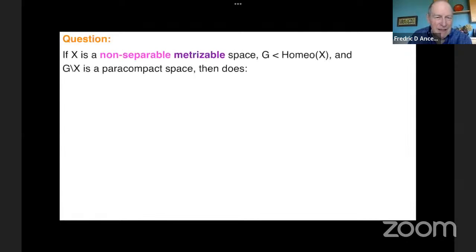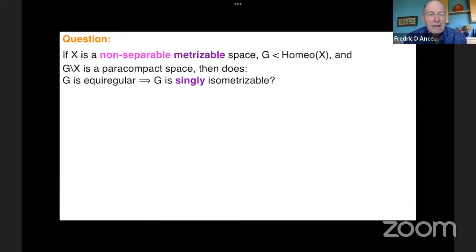So here's the goal of why I wanted to give this talk in Moscow. I thought somebody might be able to help me answer this question. Suppose I have a non-separable metric space and a group of homeomorphisms such that the orbit space is paracompact, then does equiregularity imply that I can reduce the gauge structure to a single metric?